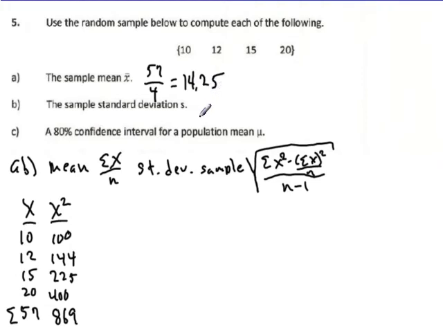For sample standard deviation, we have to plug into our other formula. So we'll take our giant square root and we'll do sum x squared. And again, this one doesn't have parentheses, so order of operations says you do exponents next. And so we need to plug in the sum from where we had squared first. In other words, the first thing we put into our formula is the second column total, which is 869.